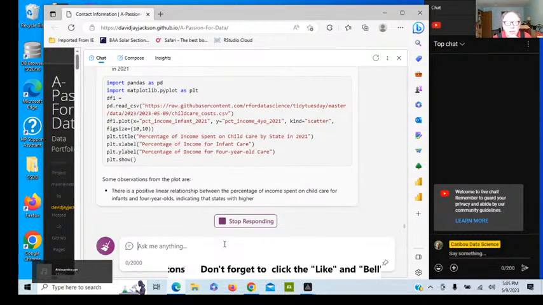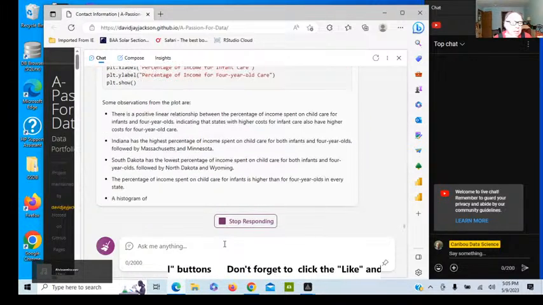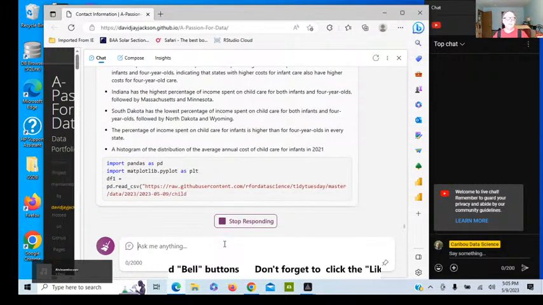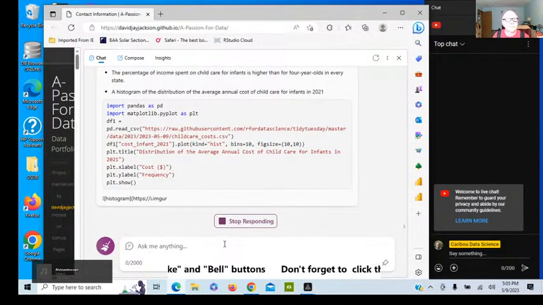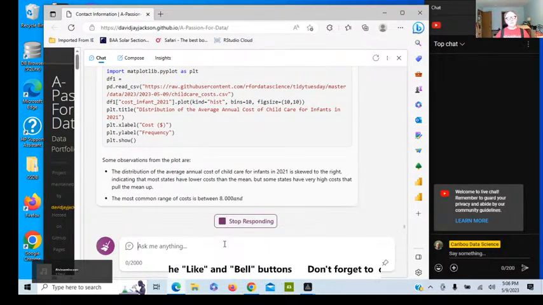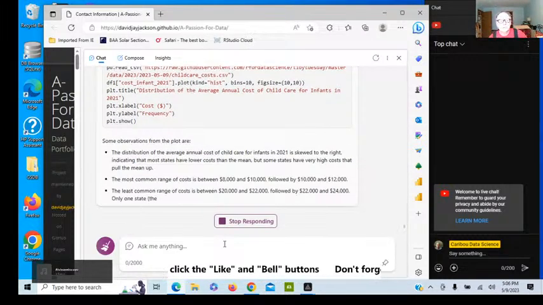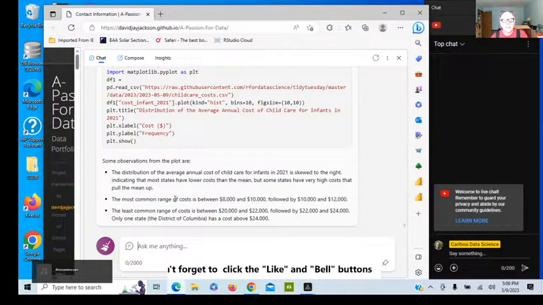It almost looks like it wants to display a plot, but it can't. So this isn't exactly working as it did last night. Right there it looked like it wanted to display a plot. But look at it. It is giving a code for a plot, and then it's automatically describing the plot itself.